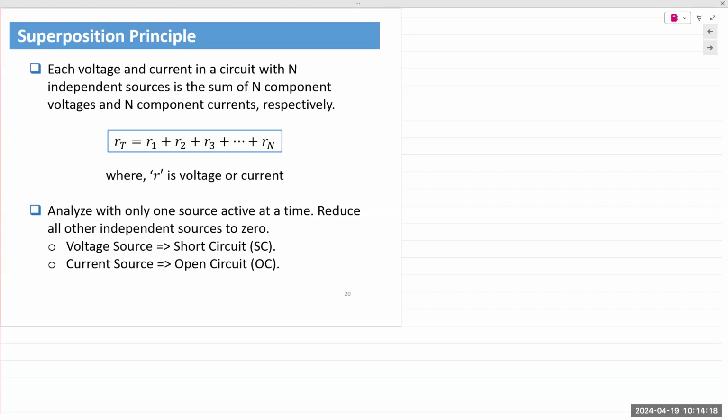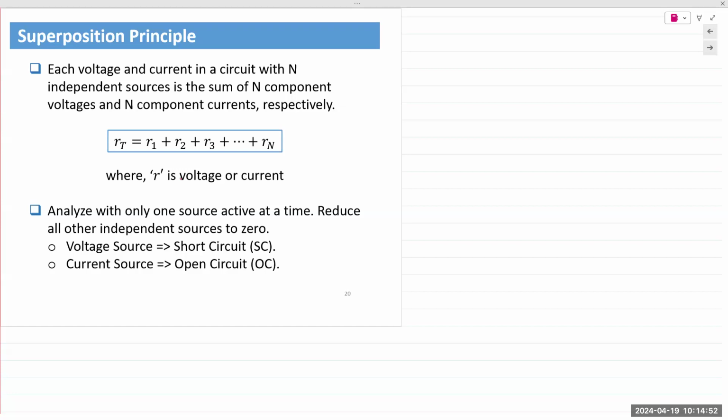The value of the sources would be reduced to 0. So if you have two sources, Vs and Is, you would perform an analysis with only Vs working and Is reduced to 0. Then you perform a second analysis with Is working and Vs reduced to 0. You calculate the quantities of interest for both sources individually, and then you simply add them up together to find the actual value of the voltage or the current.